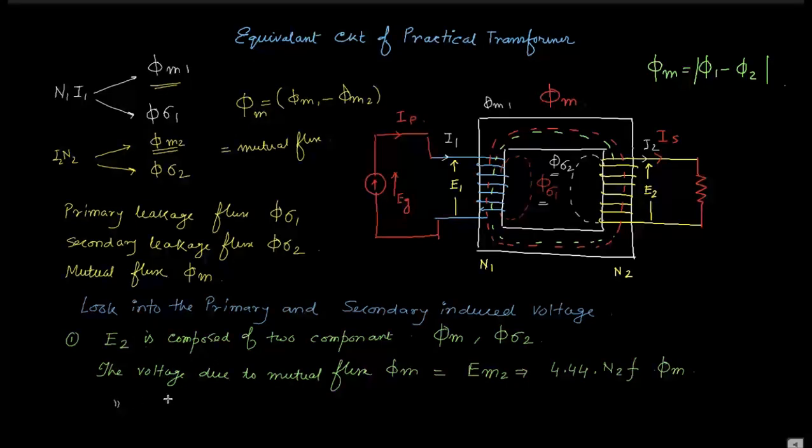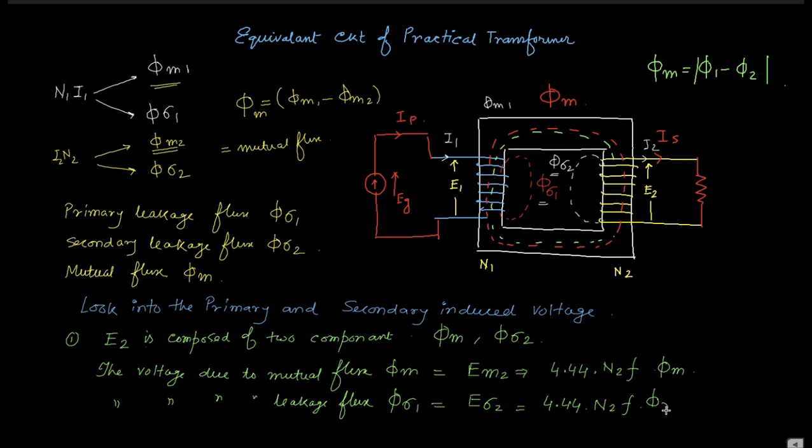The voltage due to the leakage flux, not the mutual flux here, the leakage flux phi sigma 2, if you write it as E sigma 2, it becomes 4.44 into N2 into F into phi sigma 2.